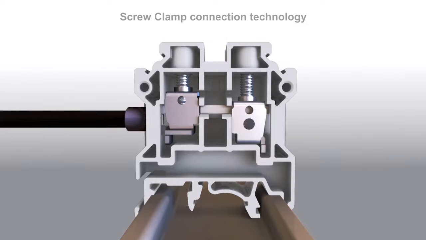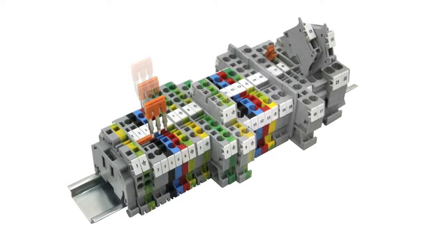Nowadays, many users are also familiar with spring or cage clamp terminal blocks. Here, the human involvement factor is a little less than on the screw. I still need a tool, which can be any standard screwdriver, because I need to open a preloaded spring.